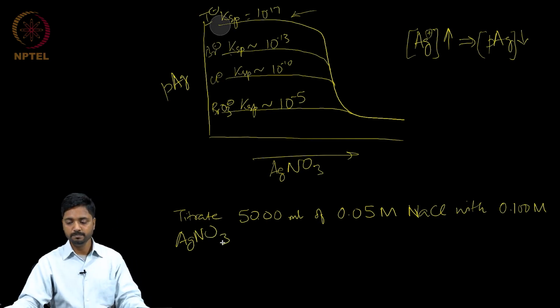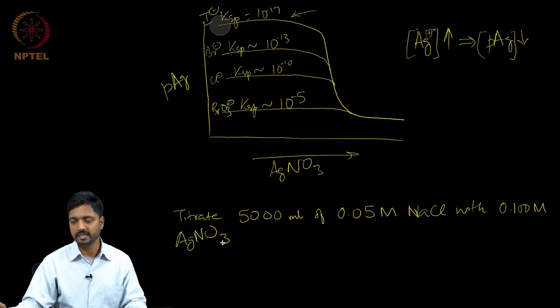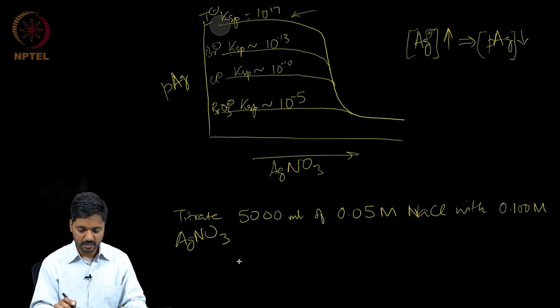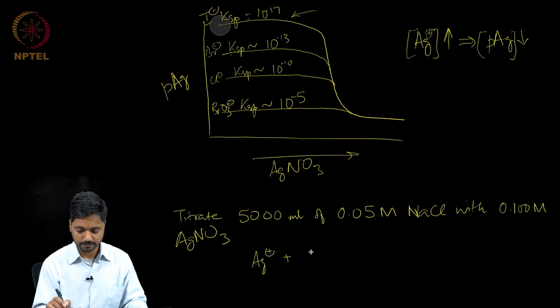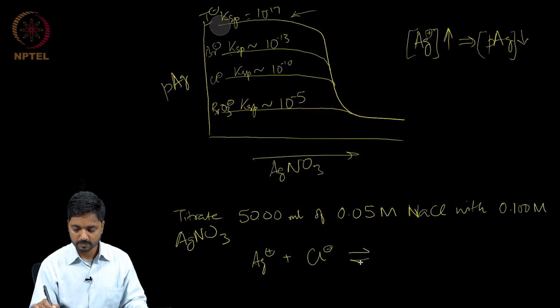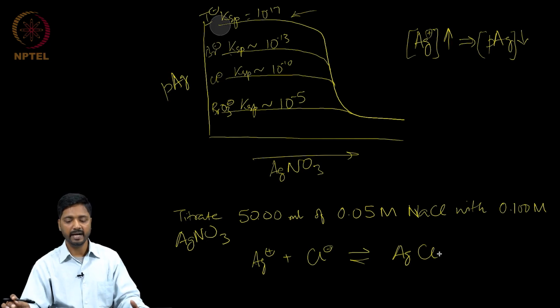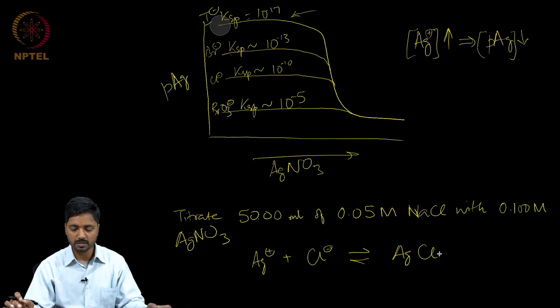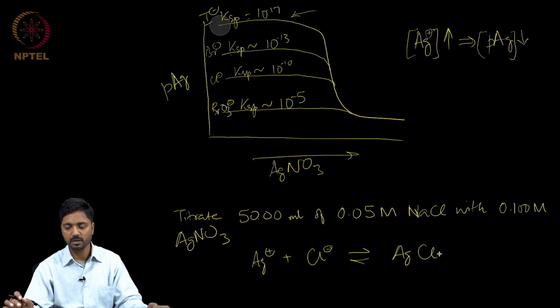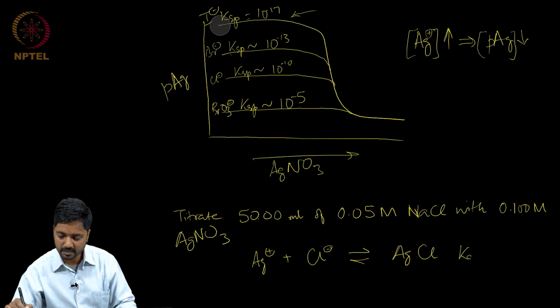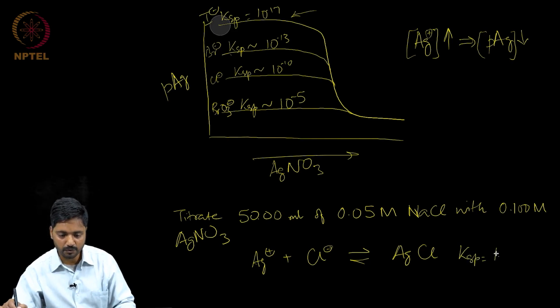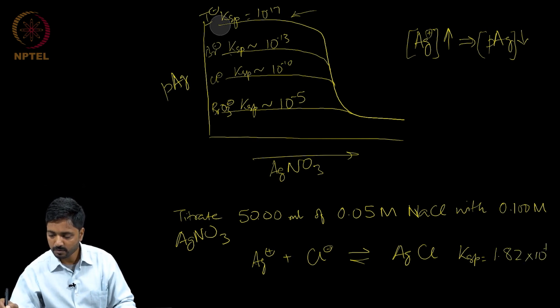So, we will be adding silver nitrate to the sodium chloride solution and seeing the formation of silver chloride, and any residual silver ion concentration will be plotted henceforth. And just to remind, this has a KSP value of 1.82 into 10 power of minus 10.